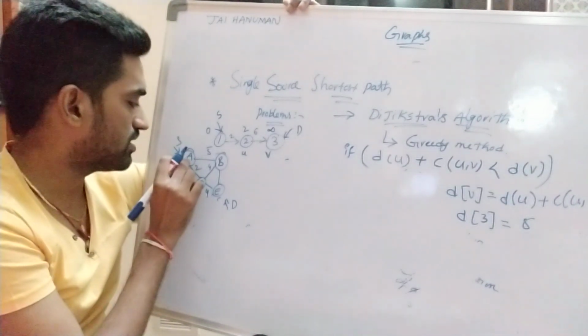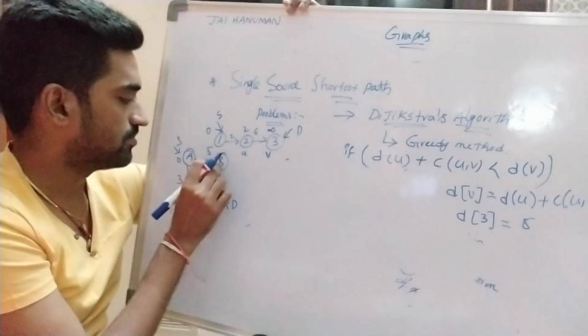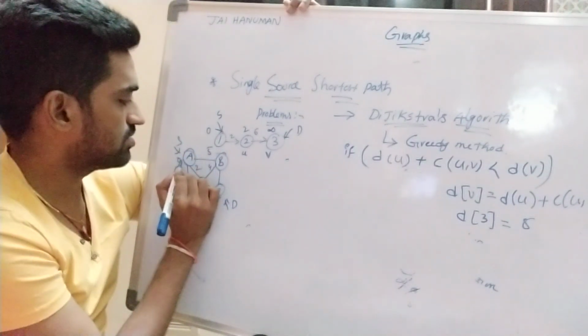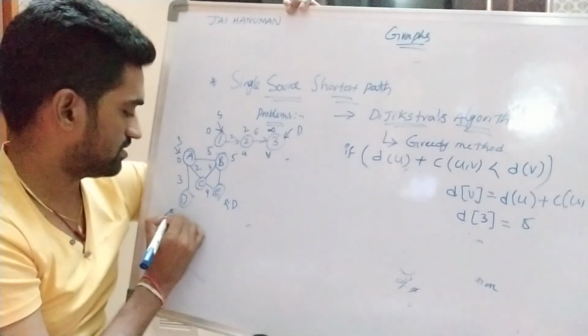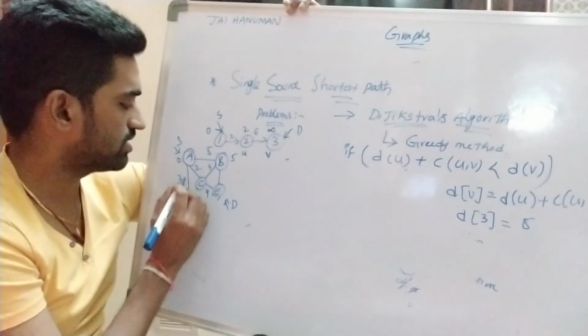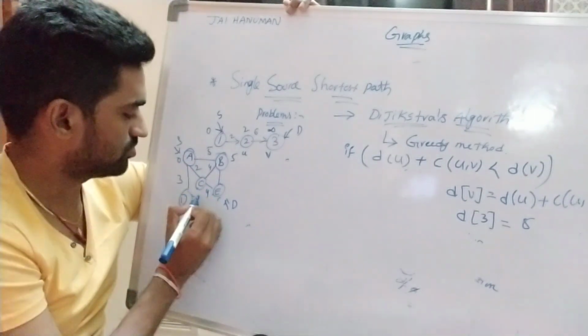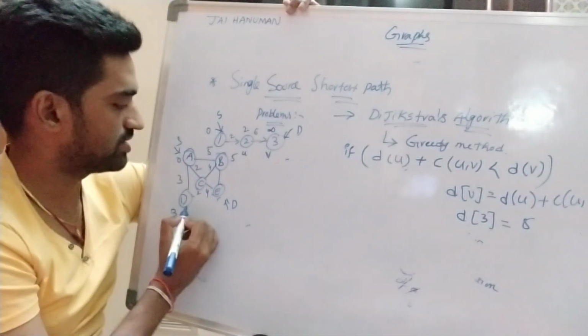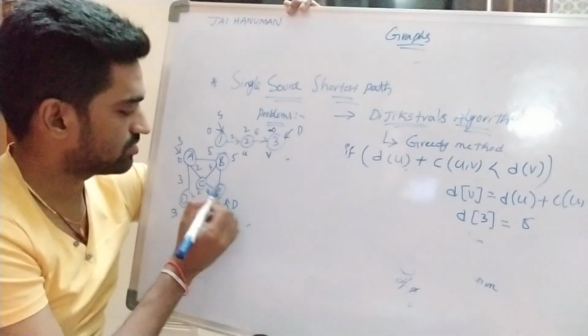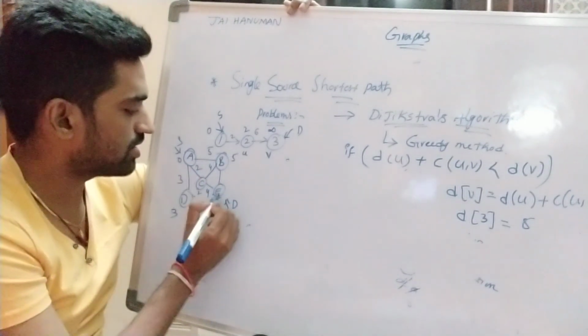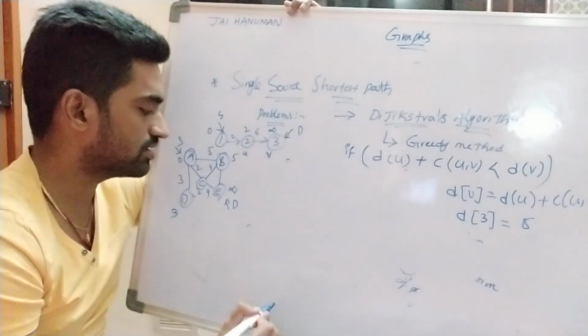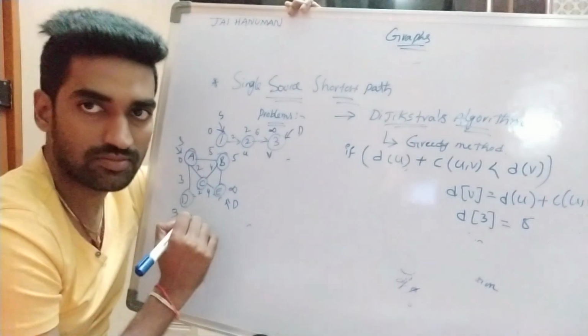What are the possible adjacent nodes for A? B, D. So 0 plus 5 is 5, 0 plus 3 is 3, updated, right? Then 0 plus 2, this is also updated. So distances are updated. There is no direct path between A and E, so I am updating this value as infinity, right?